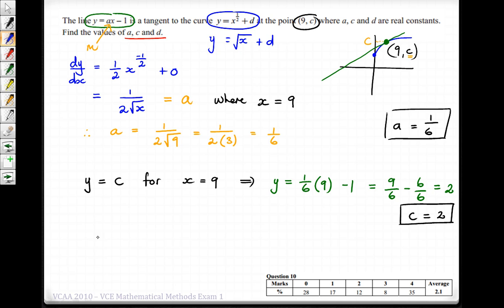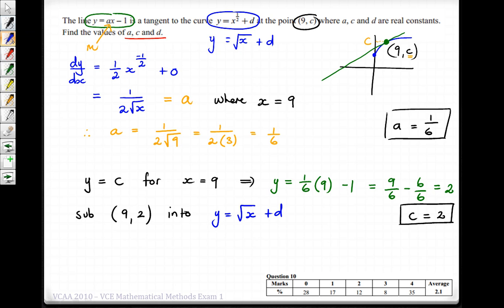So we're going to use our blue equation and we're going to sub the point (9, c) into the blue equation y equals the square root of x plus d. So we have y as being c.